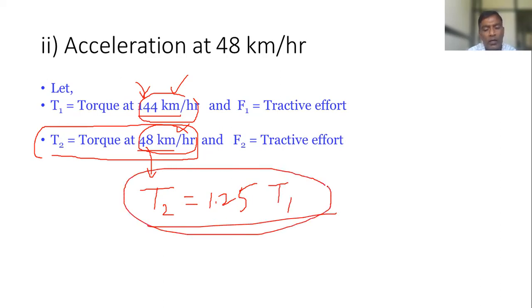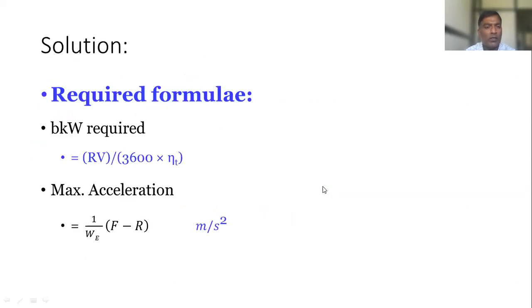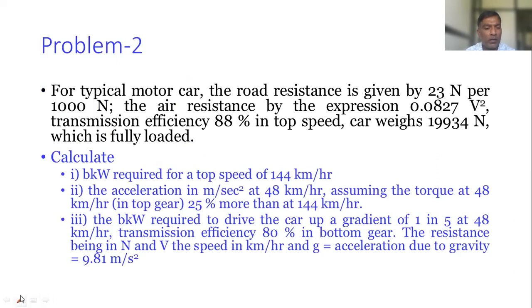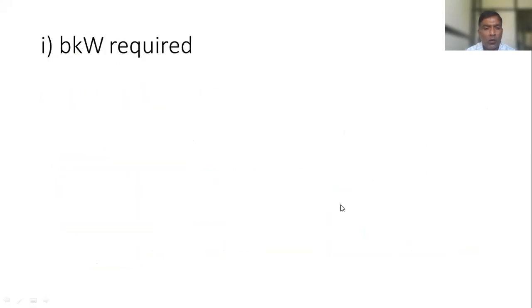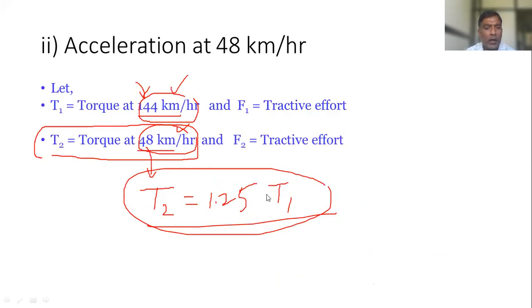This is given. So once again, we can see the condition whatever they have given here. It is mentioned 25% more than whatever torque available at 144 kilometers per hour. So accordingly, we can have T2 is equal to 1.25 T1.